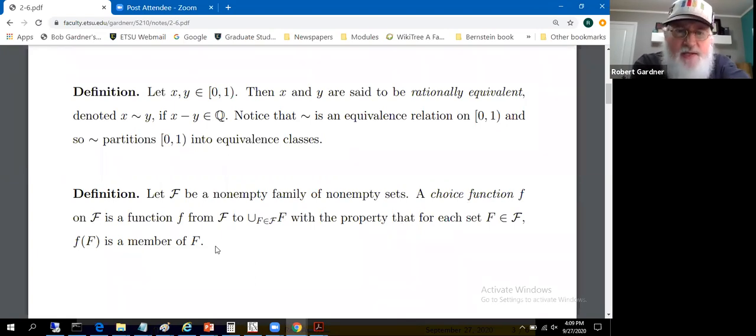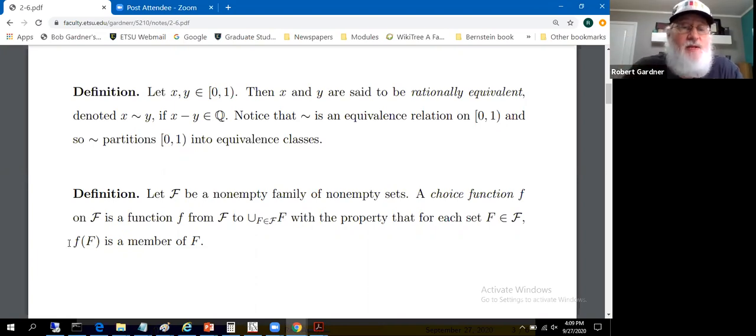All right, so here's what all that stuff means. We've got a whole bunch of non-empty sets. A choice function simply reaches into any of those sets and picks kind of a representative of that set, picks an element of that set.